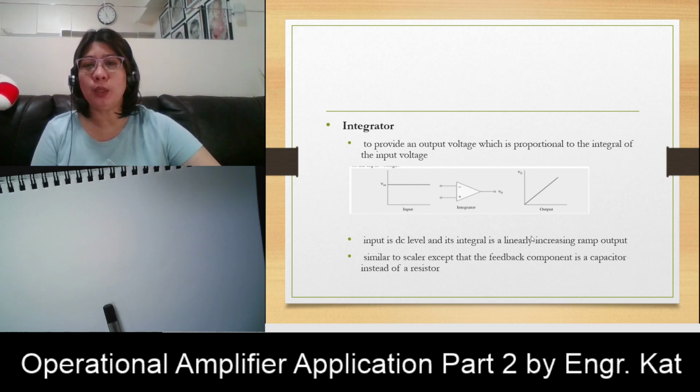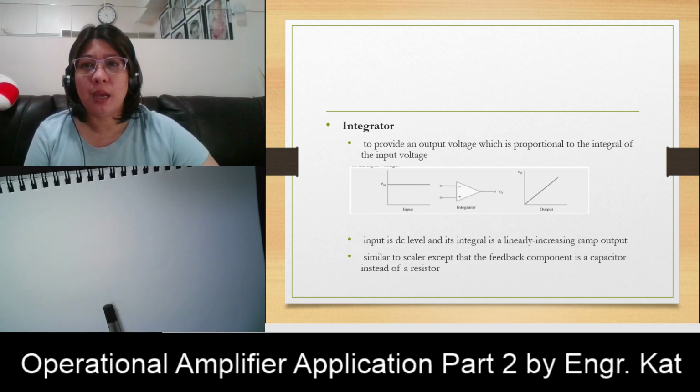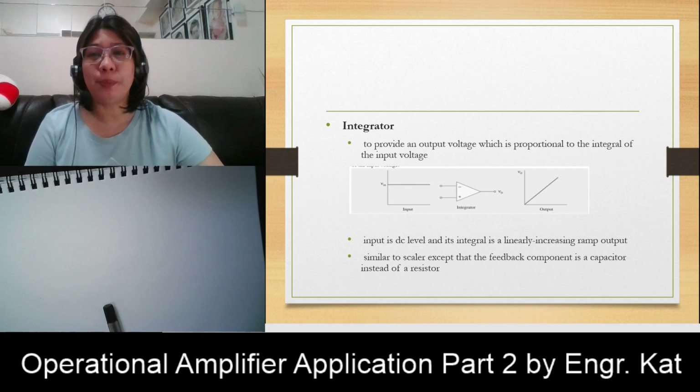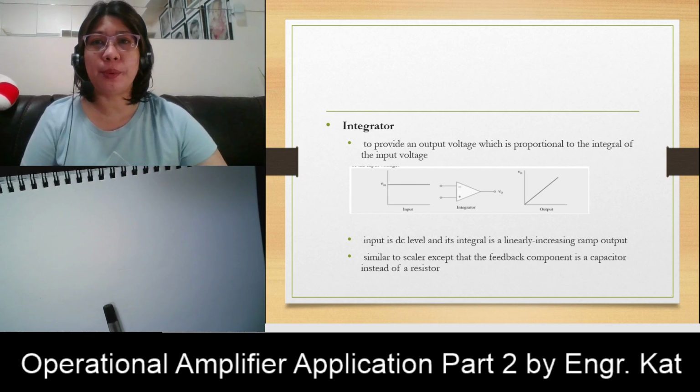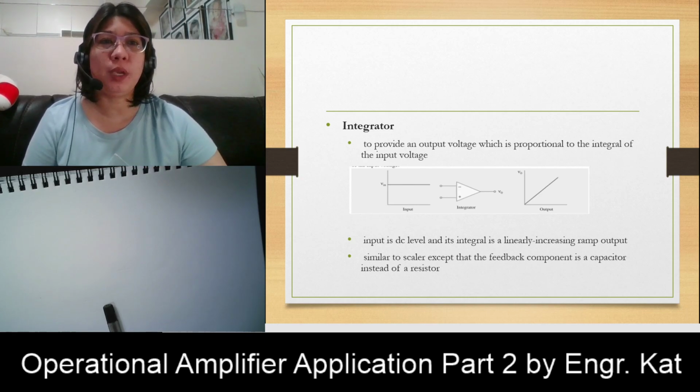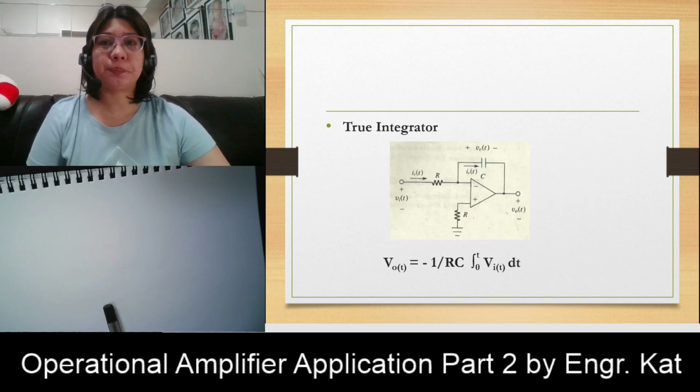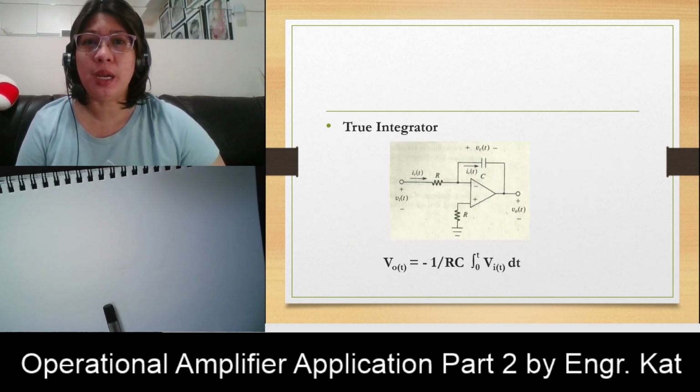An integrator is similar to a scalar, except that the feedback component is a capacitor instead of a resistor. So how do we connect our components in an operational amplifier for it to operate as an integrator? This is how a true integrator looks like.